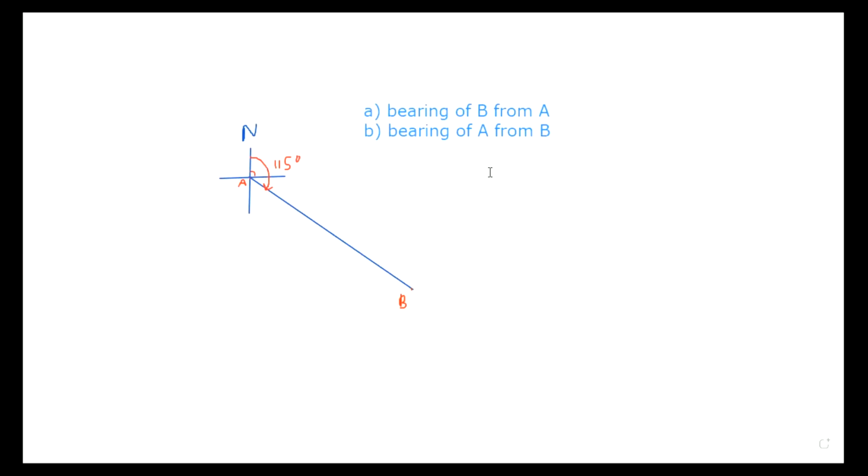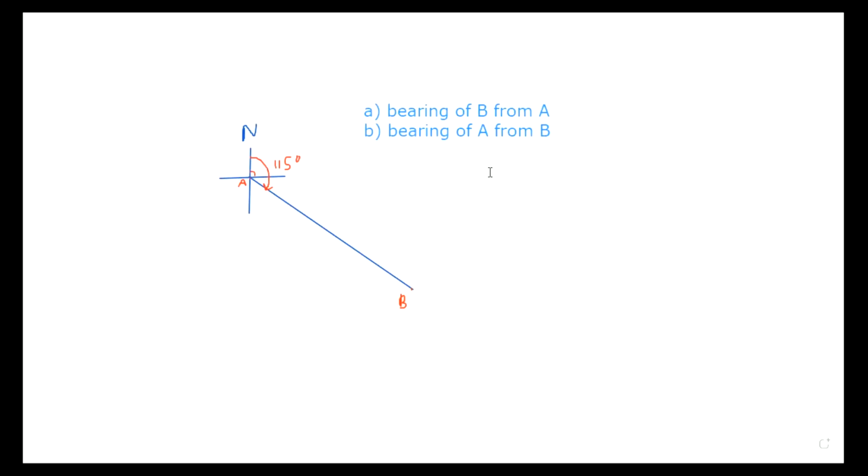Sir, will it be bearing from B to A? It would be the bearing of B from A. That's correct. Bearing of B from A. And how would you read the whole thing? What is the bearing of B from A? 115 degrees.